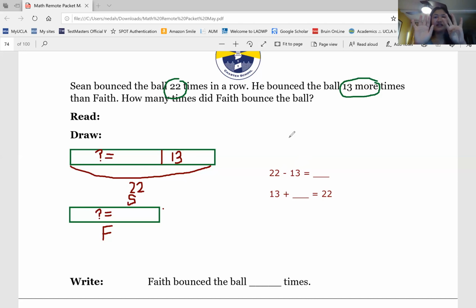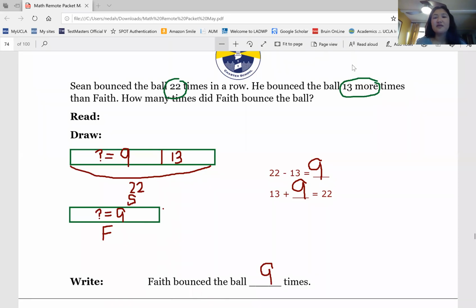How many fingers are you holding up? You should be holding up 9 fingers. I'm going to fill it in both number sentences and in both tapes. That means that, let's read the answer statement. Faith bounced the ball 9 times.